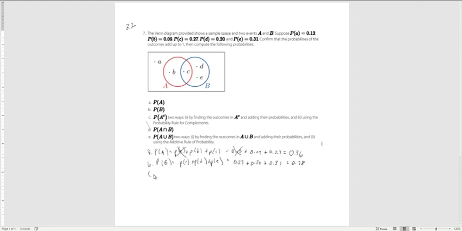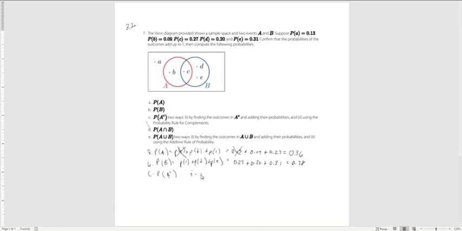Okay, C, the probability of the complement of A. The first way it says to do this is by finding the outcomes in A complement and adding their probabilities.